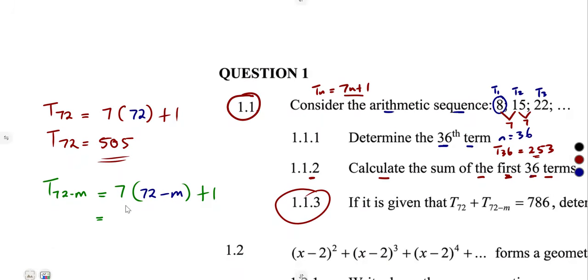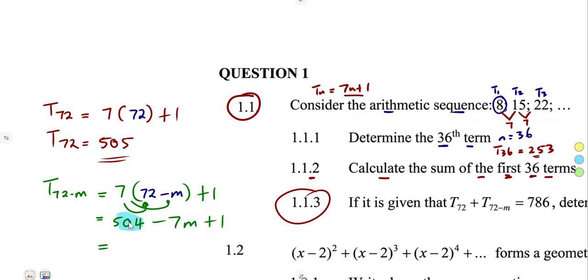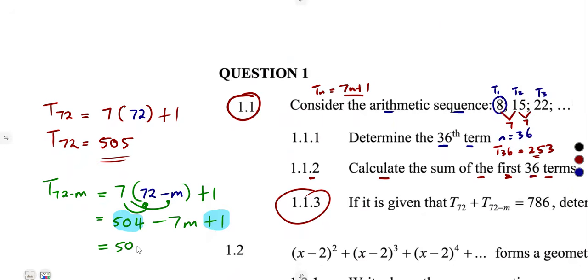We are going to obtain 7 times 72, which is 504. 7 times negative m, that's negative 7m plus 1. Collecting your like terms, we have got the 504 plus 1, which gives us 505 minus 7m. So this is T72 minus m.